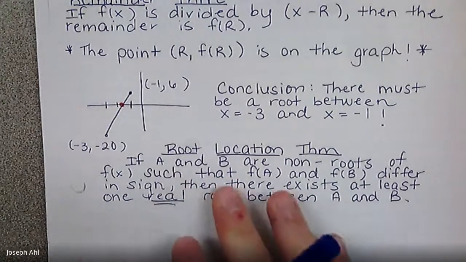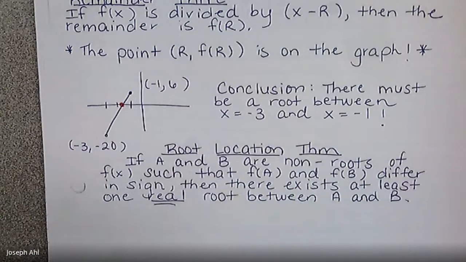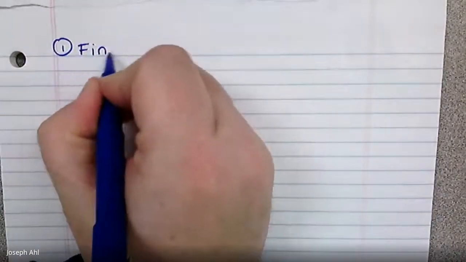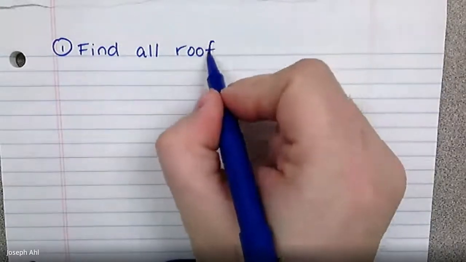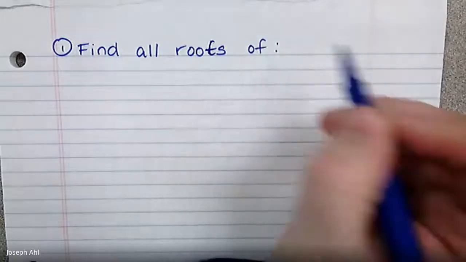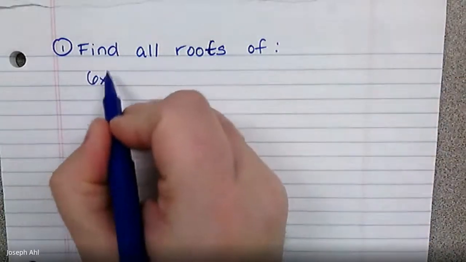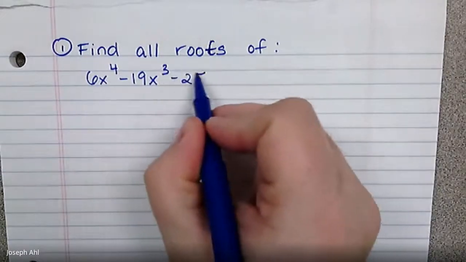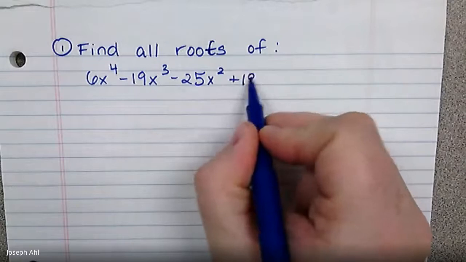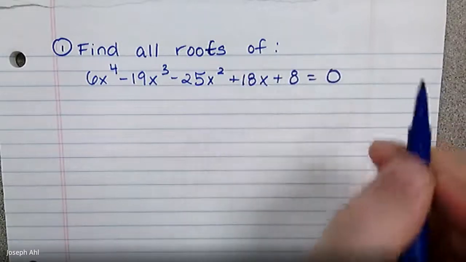Okay, so let's go ahead and do some more synthetic division practice, but I'm going to up our game a little bit. And by up our game, I mean I'm going to give you a 4th degree polynomial. So for our first example today, I'm going to find all the roots of 6x to the 4th minus 19x cubed minus 25x squared plus 18x plus 8 equals 0.